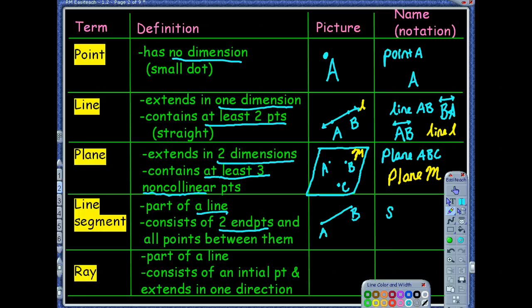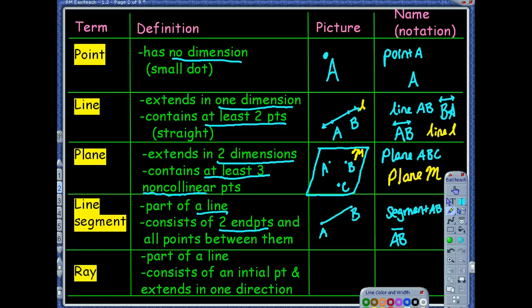We could write segment AB, or the shortcut way would be AB with just a segment above it. Instead of a line with arrows, it's just the segment, no arrows. To stress what Ms. Hokgravy is saying: a line segment is part of a line, so it has the characteristics of a line. It has at least 2 points. It's 1-dimensional. Lines actually contain segments.